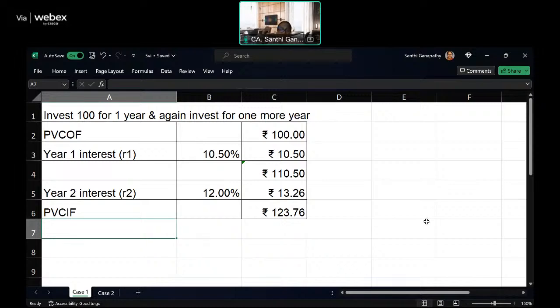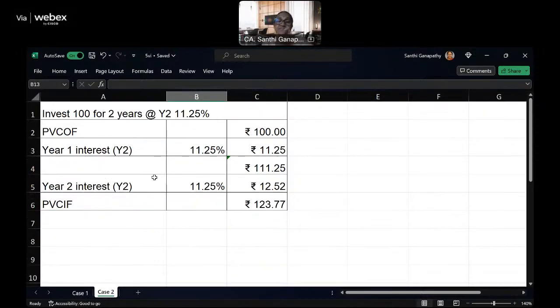This is the case where I'm investing for the short term, just 1 year at a time. Case 2 is I am investing 100 for 2 years. What is the rate? 11.25% per year. If I do that, how much do I get? The same amount is what we are saying.